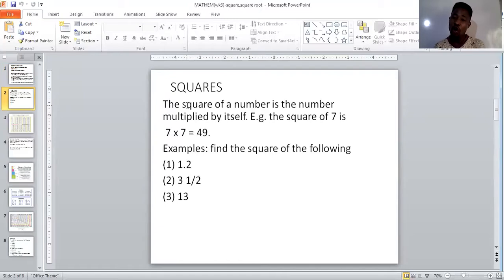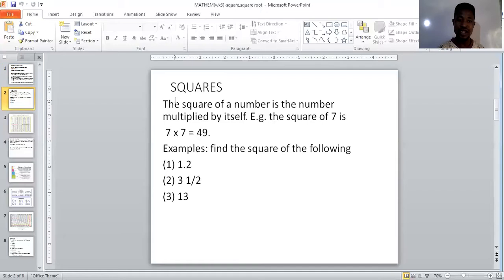It is 4 because 2 times 2 is 4. Therefore, the square of 2 is 4. So 4 is the product of 2 times 2, or 4 is the answer of 2 multiplied by itself. You got that right. So the answer of 2 multiplying itself is 4. Therefore, 2 squared is 4, or the square of 2 is 4.